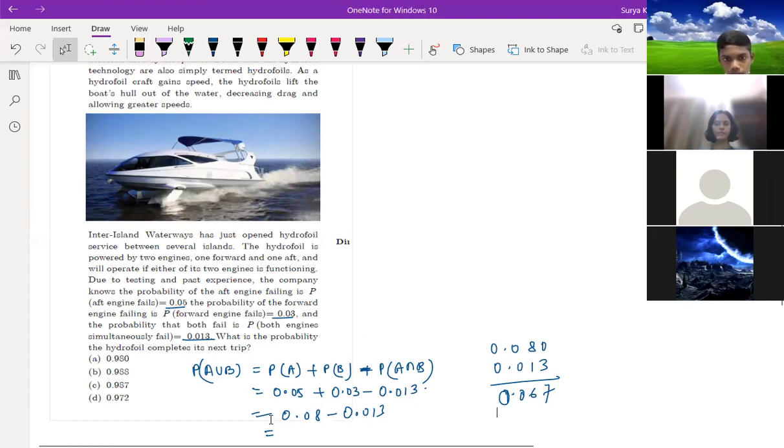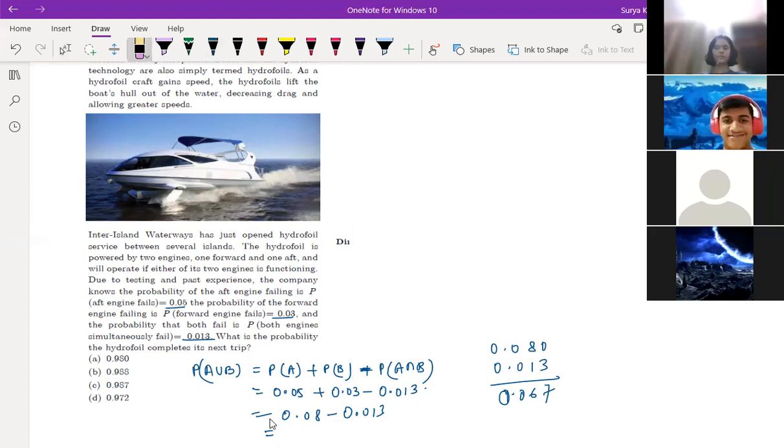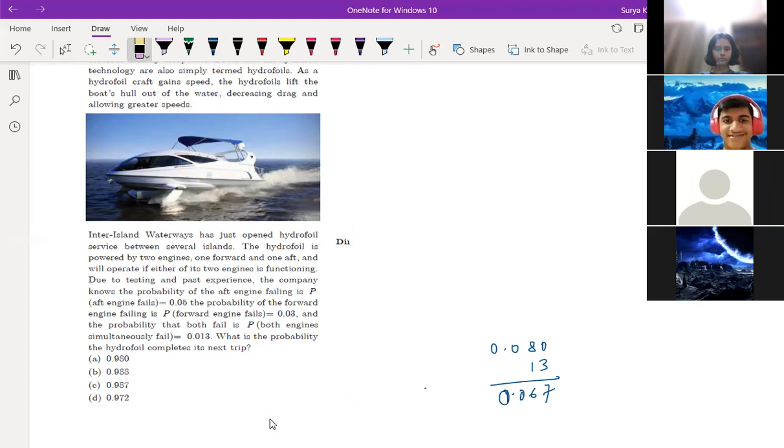Where is that mentioned, that if any one engine is working, then it works? Which line is mentioned here?